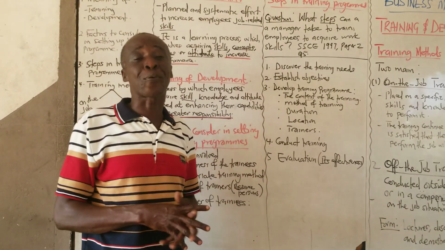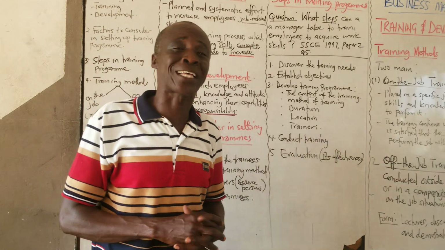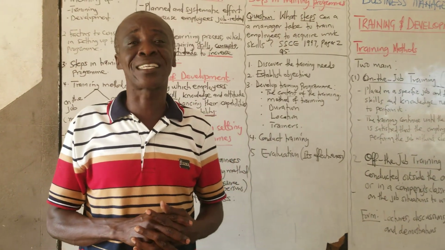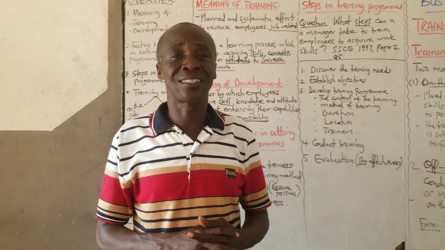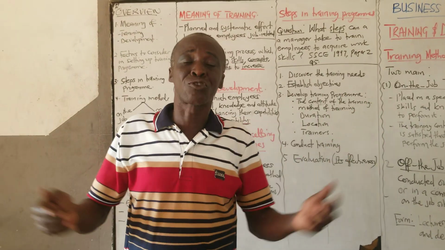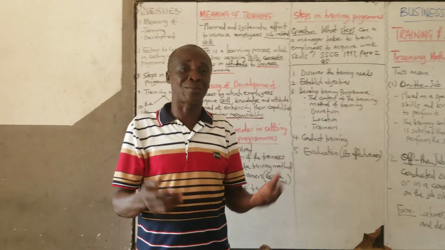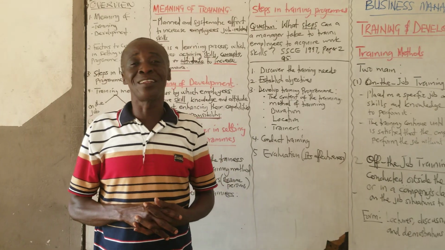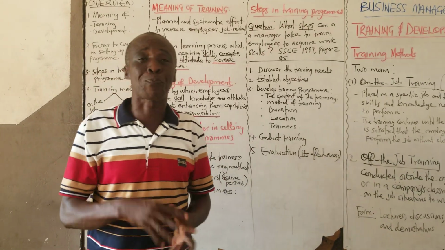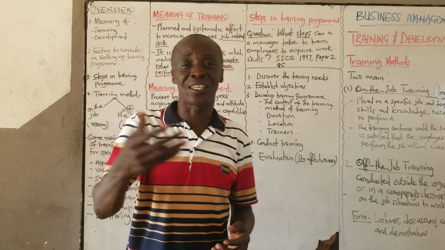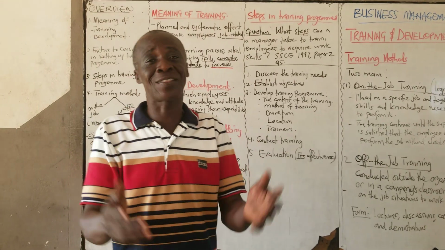So when you discover, probably, for example, the person is a sales agent who goes out to make presentations to customers. Probably you want the person to use PowerPoint in his or her presentation, but the person doesn't have that skill.